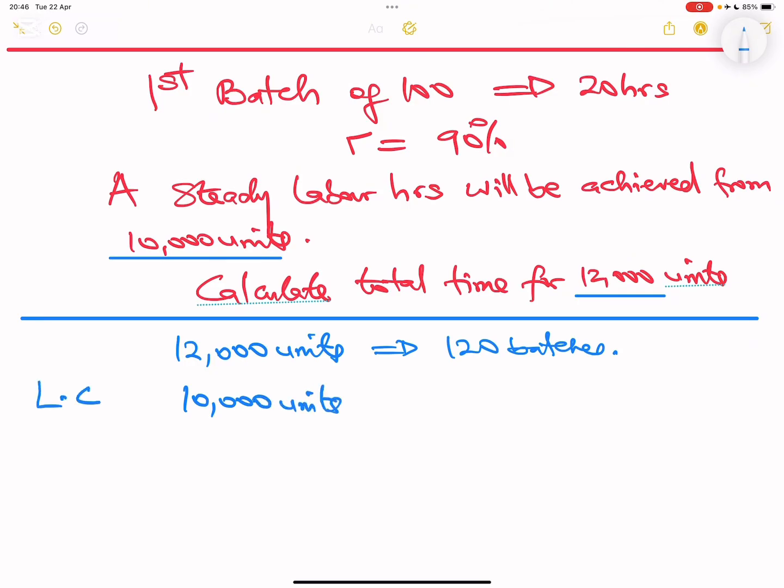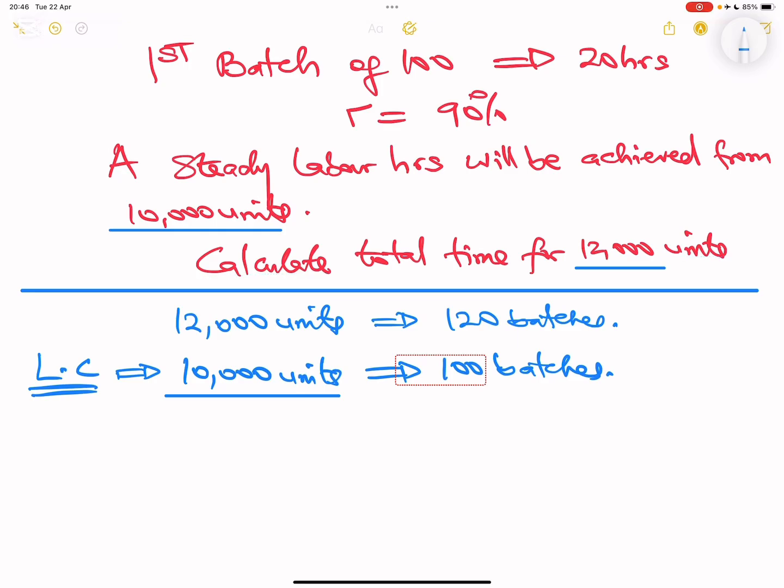This is where learning curve is relevant. So in our workings, we need to focus on 10,000 units for now, and that will give us 100 batches. Just breaking down the question so you understand, right? After this 10,000 units, we will achieve the no impact stage, whereby the learning is no more significant.